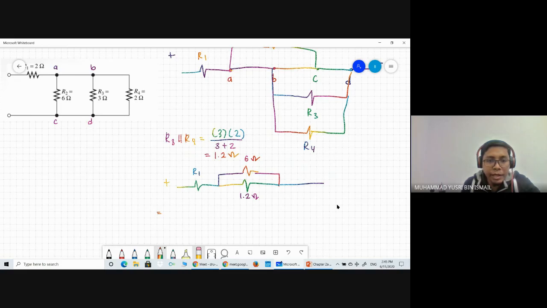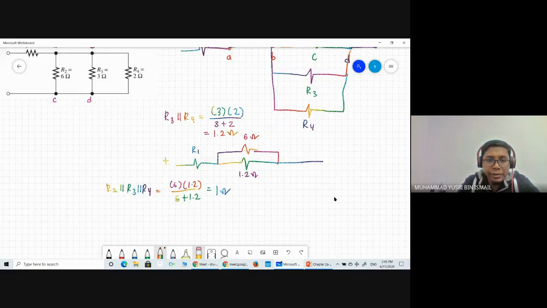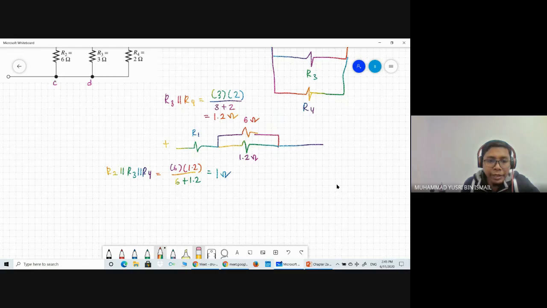Equal to R2 parallel with R3 and R4. You will have 1 ohm. So the final circuit will be, then this is the R2.